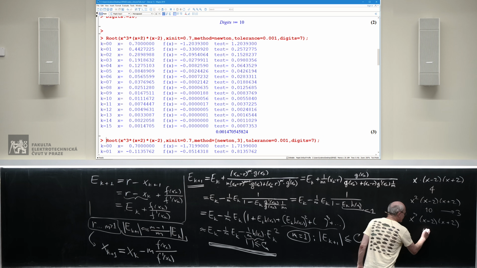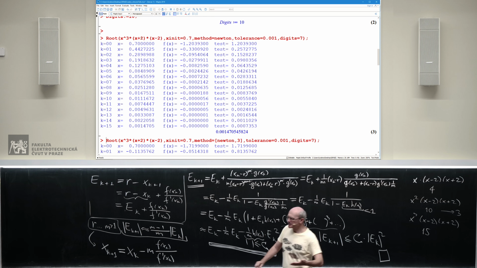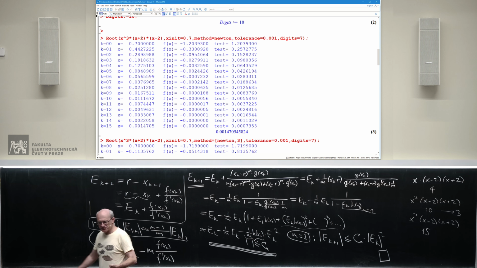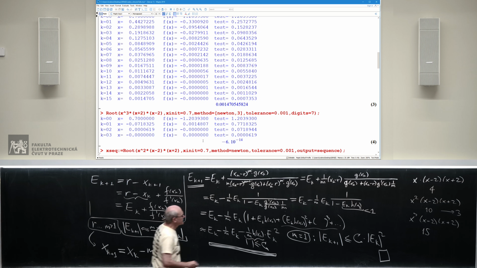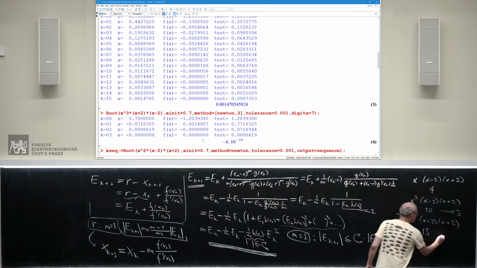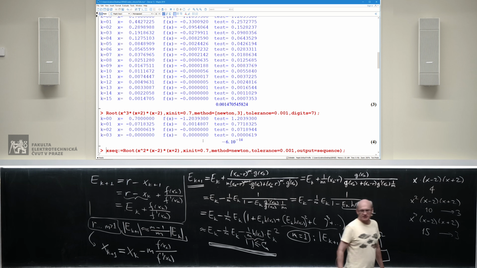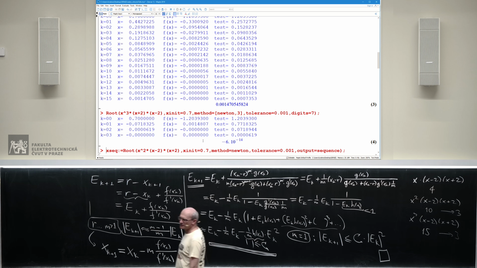And this is not unexpected. The higher the multiplicity, the worse the performance, essentially. But now let's try the special version of Newton with constant 3 in it, and it takes 3 iterations to get the root. So what's the conclusion? Well, it seems to work.